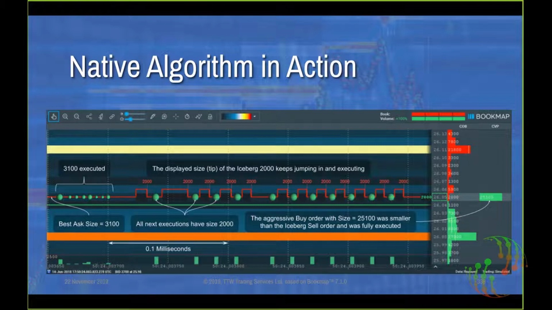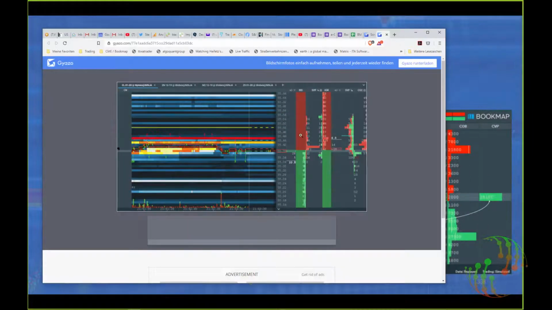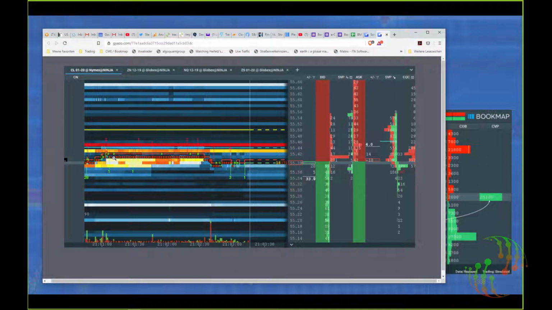Yes, this was, thank you. This one here. Look here. This is an algo, but this also can be iceberg orders hitting constantly into the 55.40.